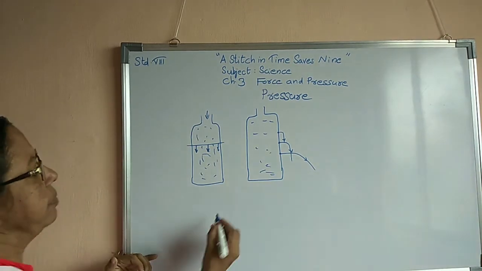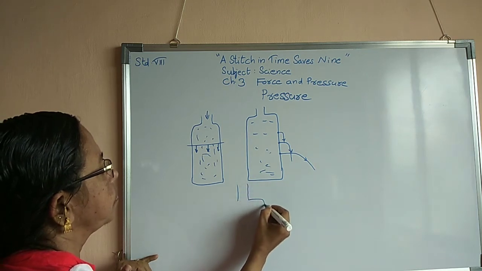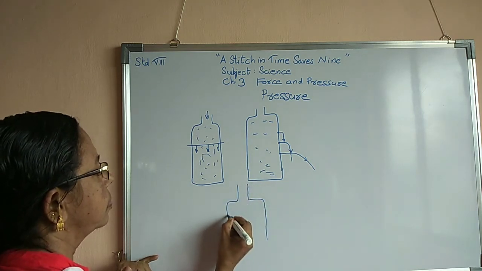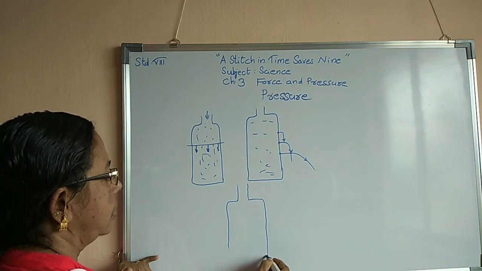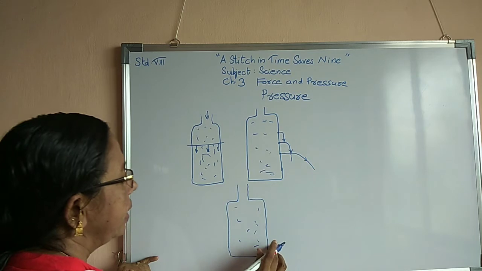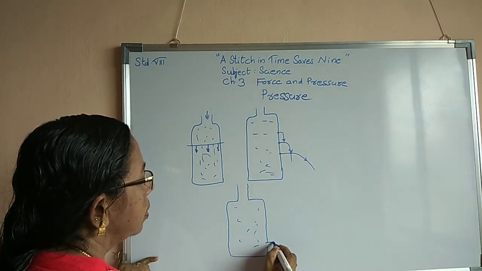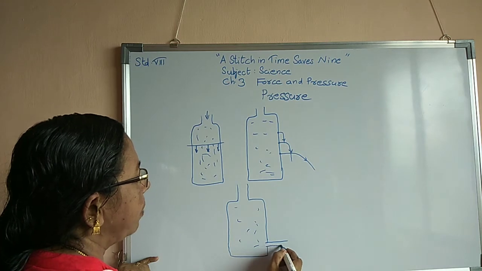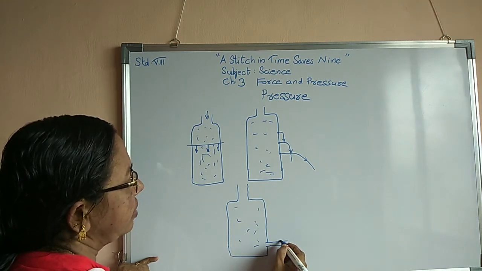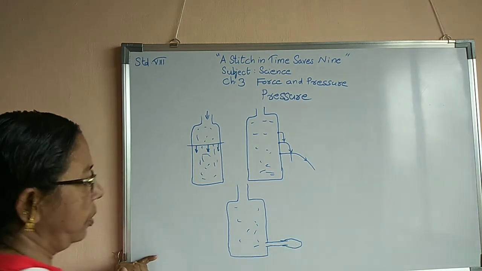Now, one more thing I am showing you. One more bottle I have taken, again full of water inside. Here I made one small hole. Through that I passed a tube, and at its one end I fixed a balloon.